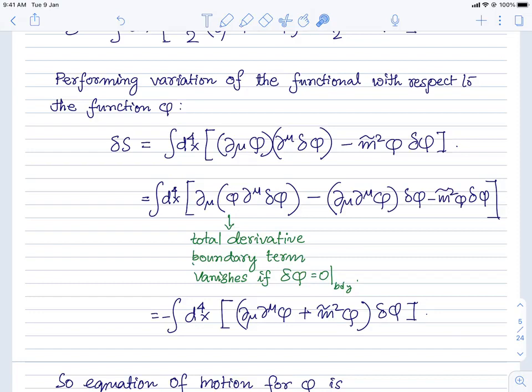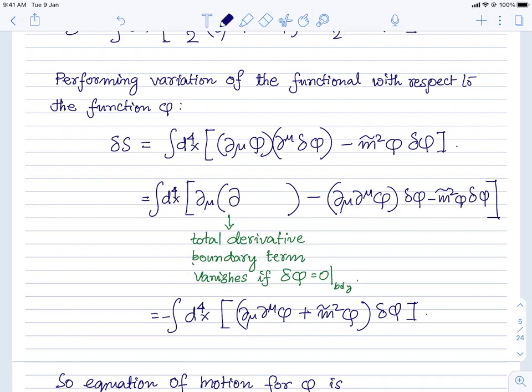Okay, and so in order to take this term and write it in the form that it's something times variation of phi, what we do is we write down a total derivative first. This is the total derivative on phi, del phi. Where again, when it acts on this phi, you get back this term, and when it acts on this, you get back this term. I'm sorry, this I have written in, this is not the correct way to write it.